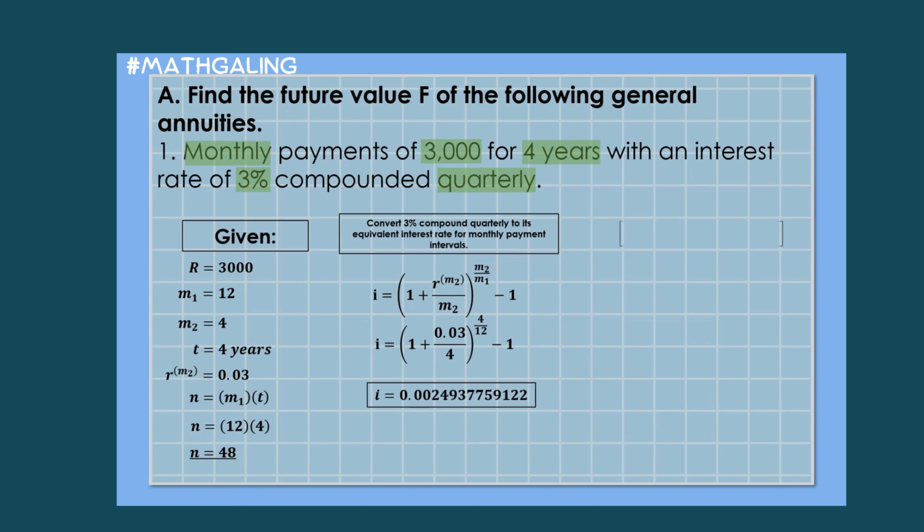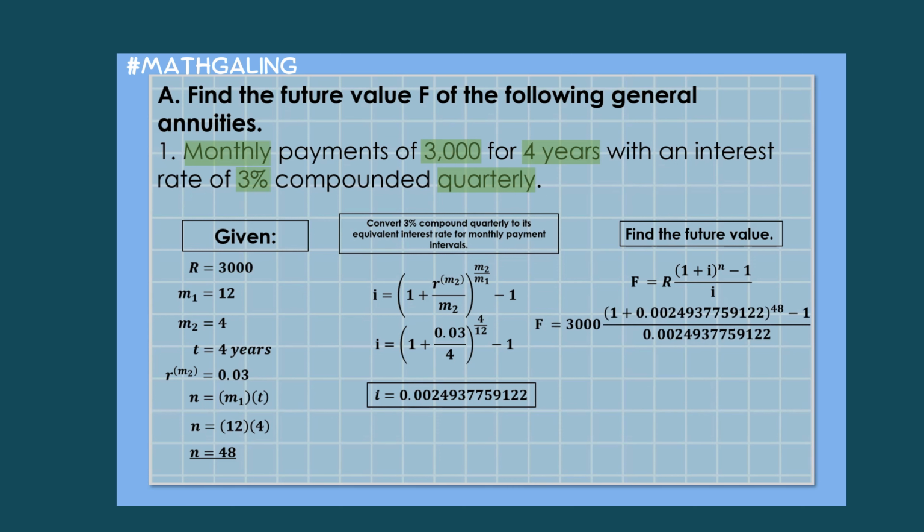After getting the interval, let's find the future value. So here's the formula. F is equal to R times 1 plus i raised to the power of n, minus 1, over i. And now, let's substitute.